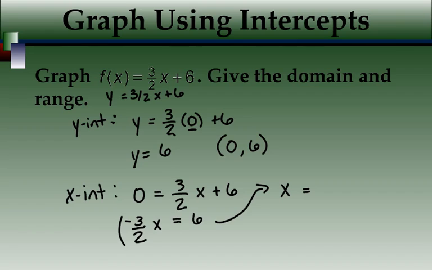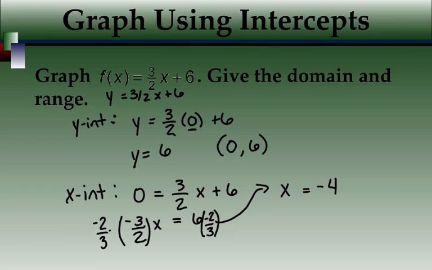Now I'm going to multiply both sides by the reciprocal, that's what I'm doing. So x equals negative 6 times 2 over 3, which is negative 4. So right there is our x-intercept at x equals negative 4.